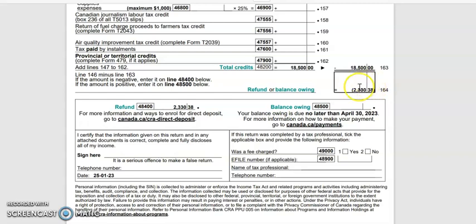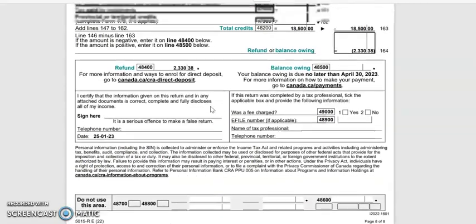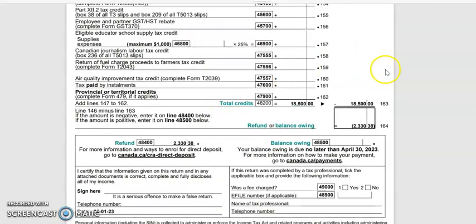So we fill that in here on line 164 and then carried over here to line 48,400. And so therefore it's showing that we have this refund due to us. And that is the end of your first tax return.